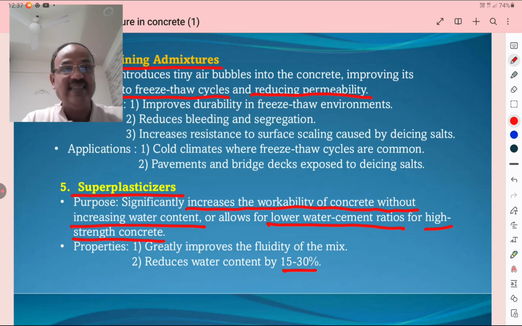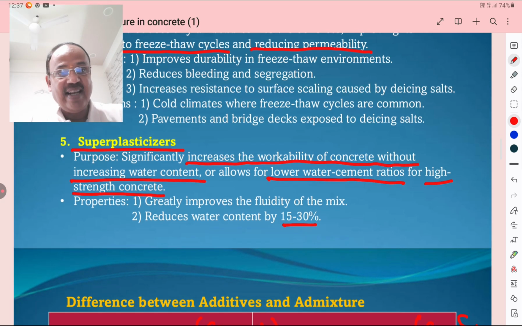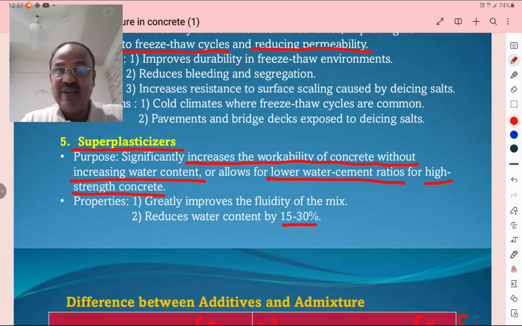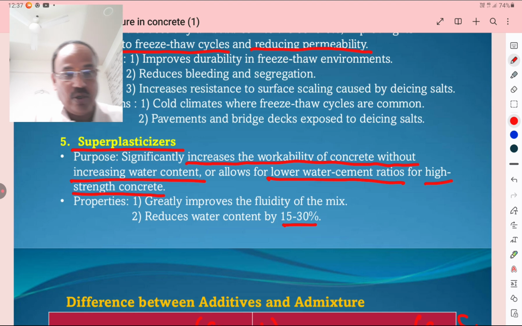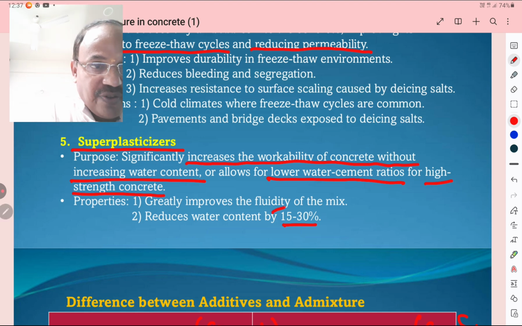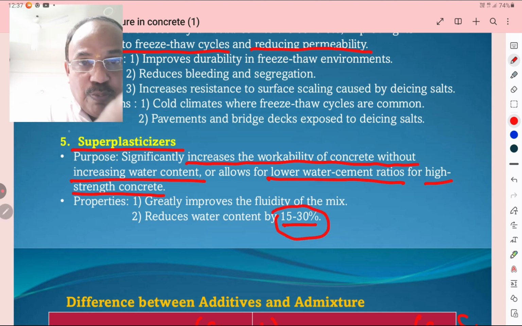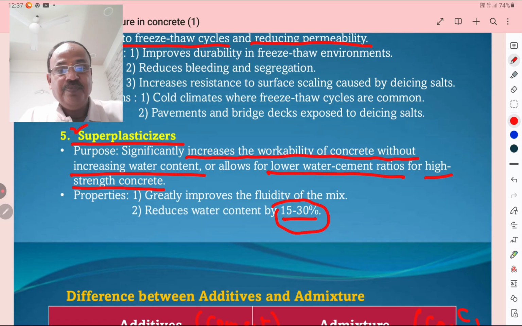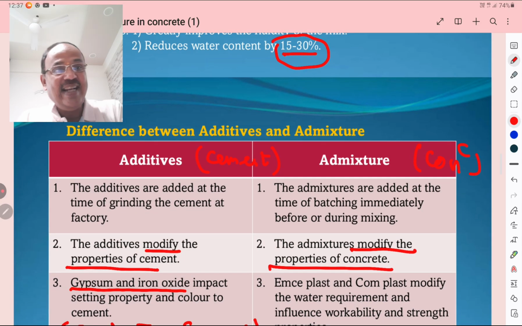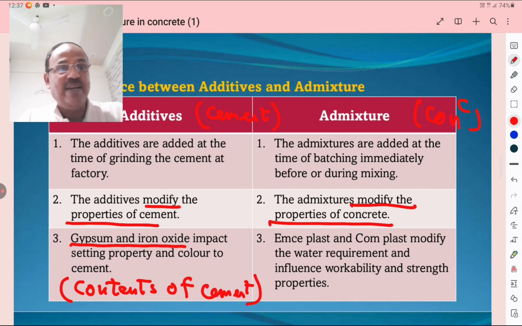It imparts the strength and also increases the workability without increasing the water content. Properties: greatly improves the fluidity of the mix and reduces the water content by 15 to 30%. That is important. 15 to 30% water content reduced by the superplasticizers. Then difference between the additives and admixtures. Additives are added in the cement, admixtures are added in the concrete.